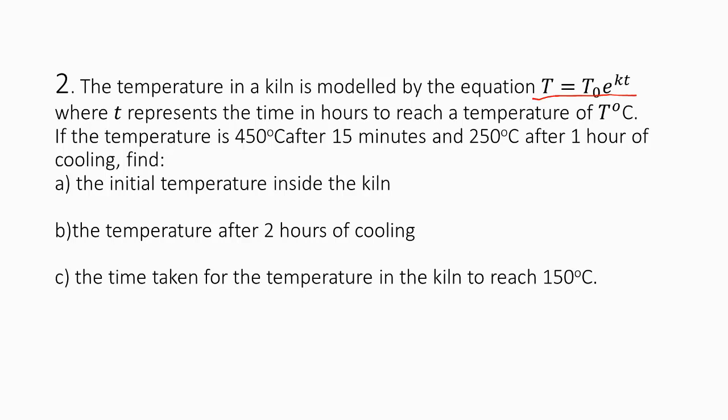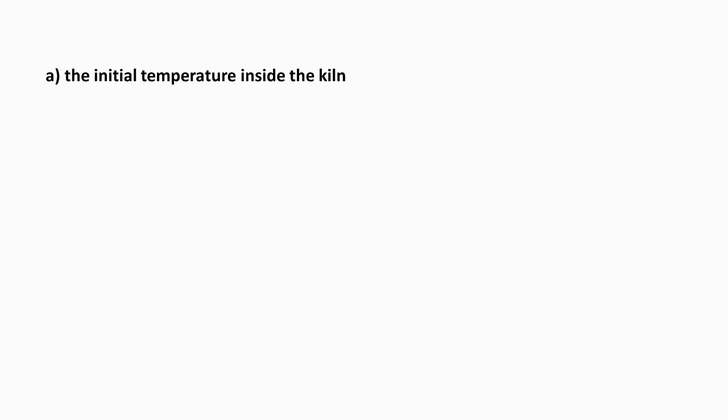If the temperature is 450 degrees Celsius after 15 minutes and 250 degrees Celsius after 1 hour of cooling, find the initial temperature inside the kiln, the temperature after 2 hours, and the time taken for the kiln to reach 150 degrees.